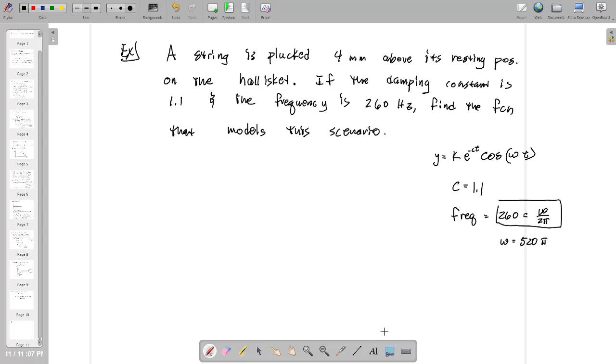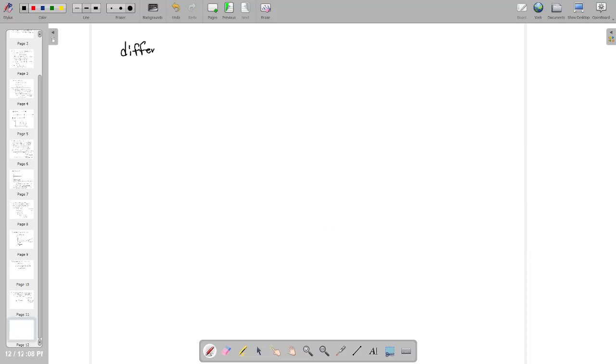So we found omega, and we found c, and k is 4 millimeters because it was given in the problem as a maximum value. The function should be this. y is equal to 4 e to the negative 1.1 t cosine 520 pi times t.